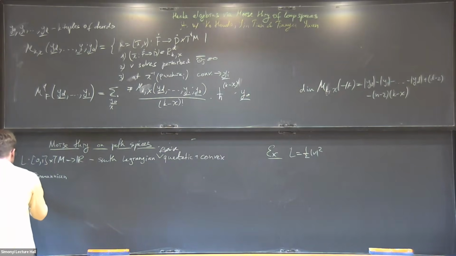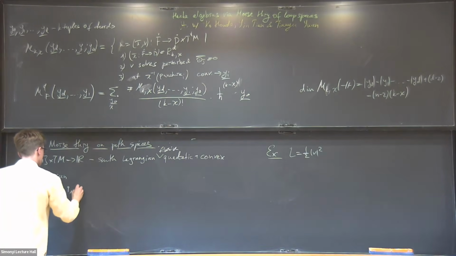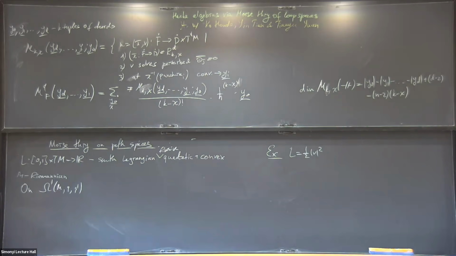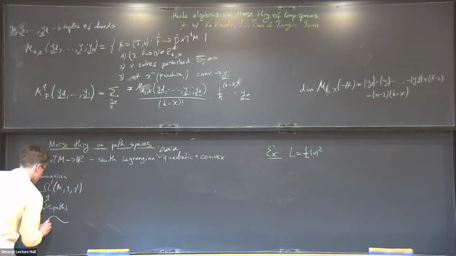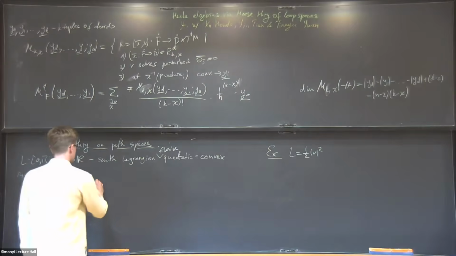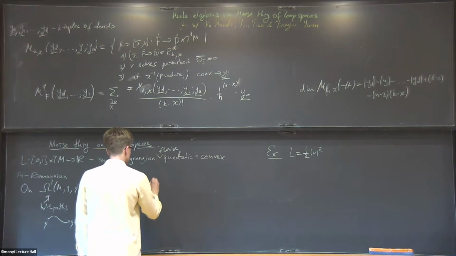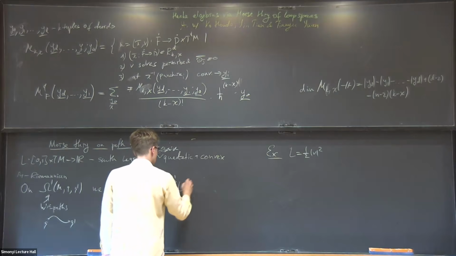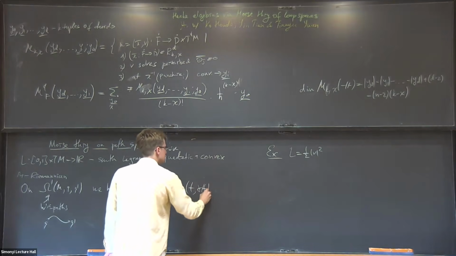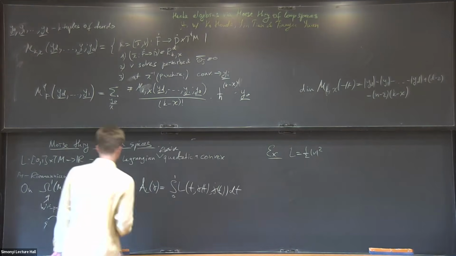On Omega^1(M; q, q'), the Sobolev path space of W^{1,2} paths connecting q to q', we have the action functional A_L of gamma equal to the integral from 0 to 1 of L(t, gamma, gamma dot) dt.